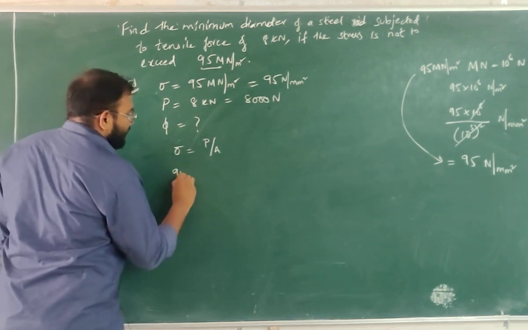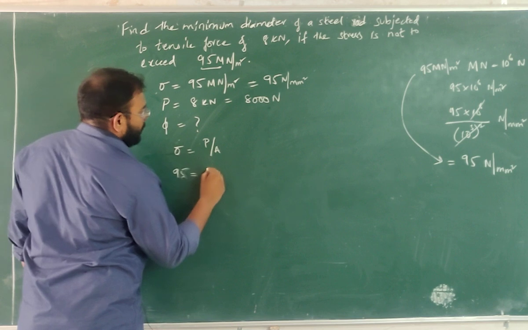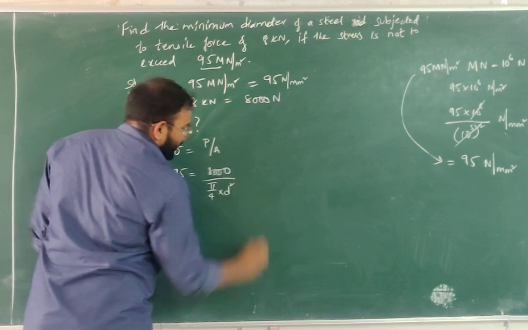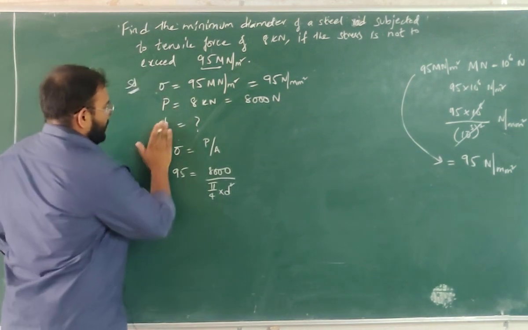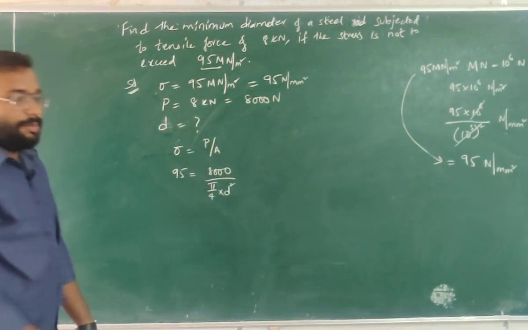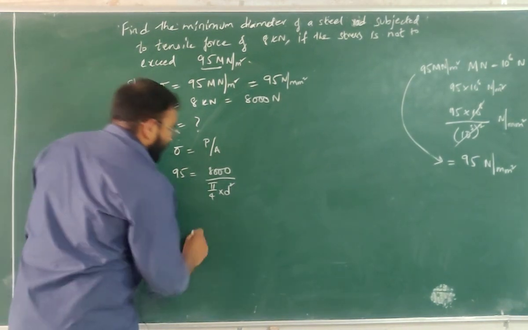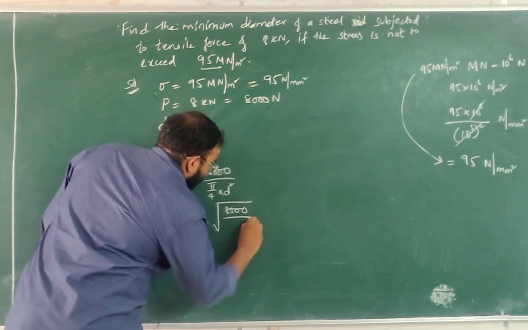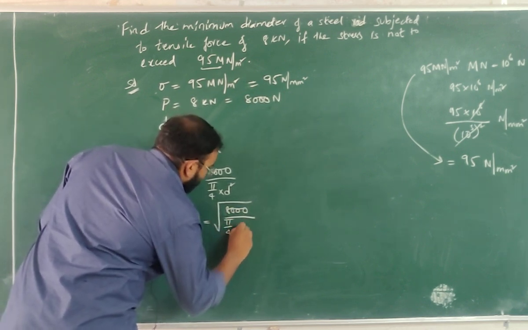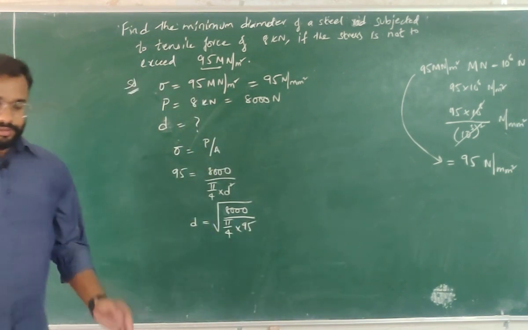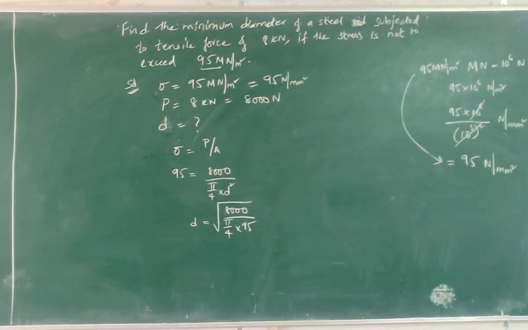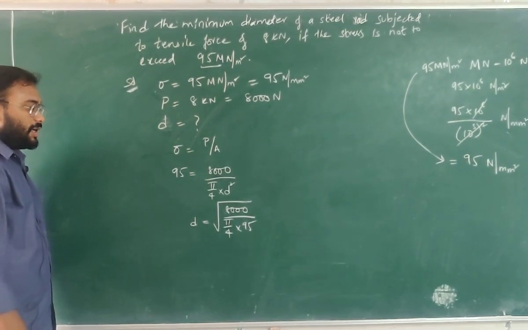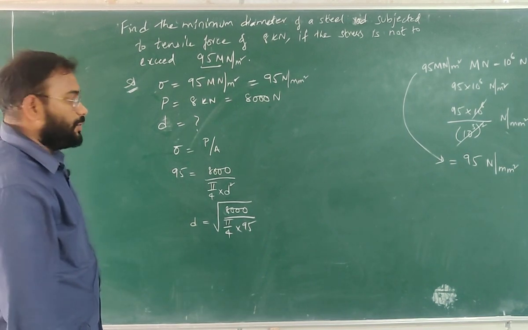So 95 is equal to load 8000 divided by pi by 4 into d square. The diameter is unknown, let's call it d. So d is equal to the square root of 8000 divided by pi by 4 into 95.